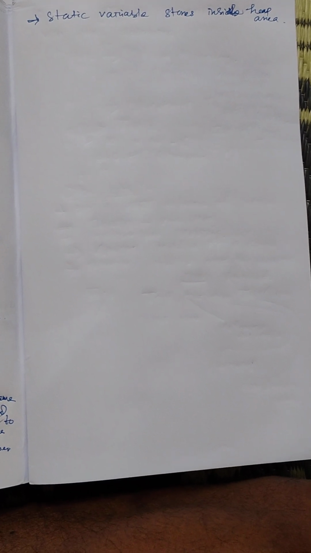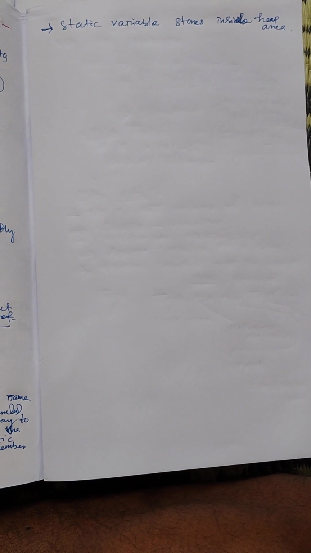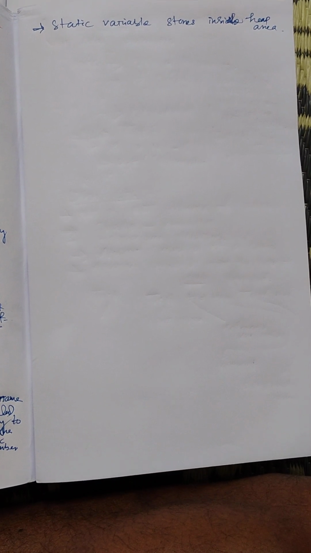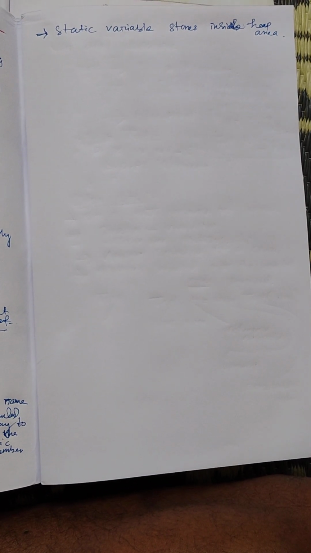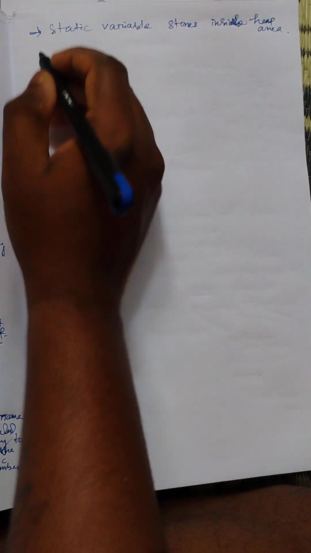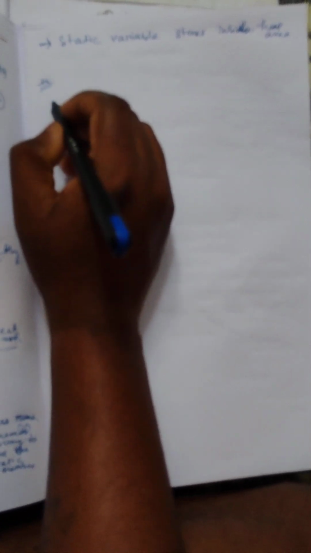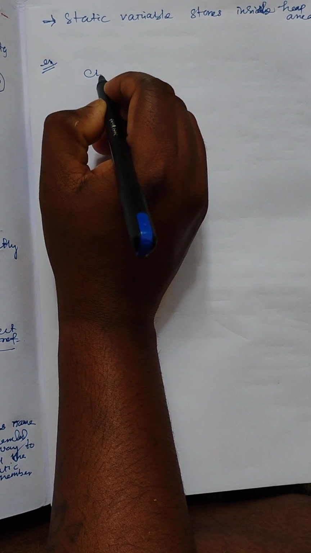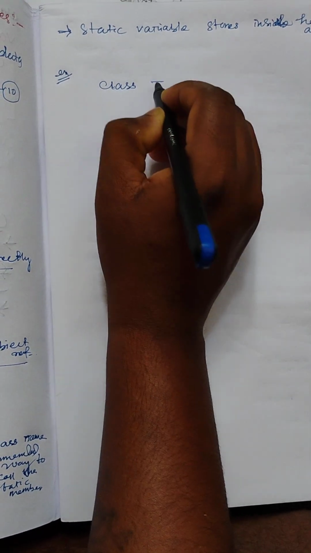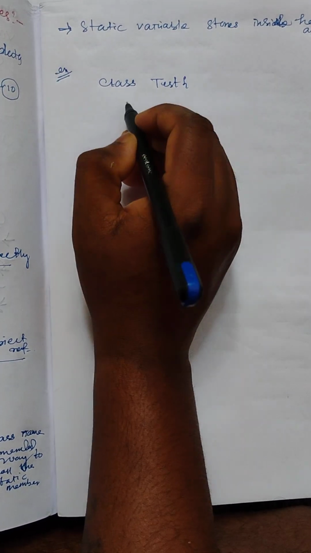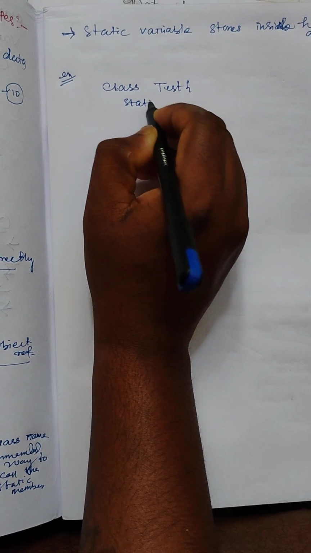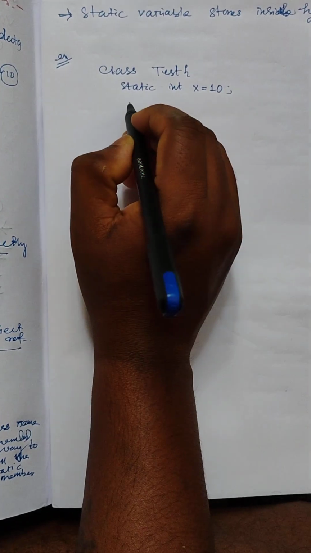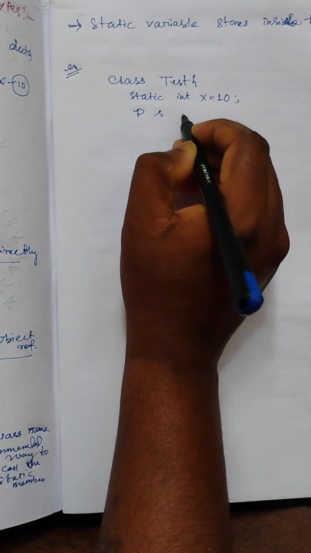As I said, static variables share the same copy with the different objects, which means it does not vary from object to object. How can we prove that? Let's take an example. Here I am declaring one class called test. Let's take a static variable x is equal to 10. Take the main method.